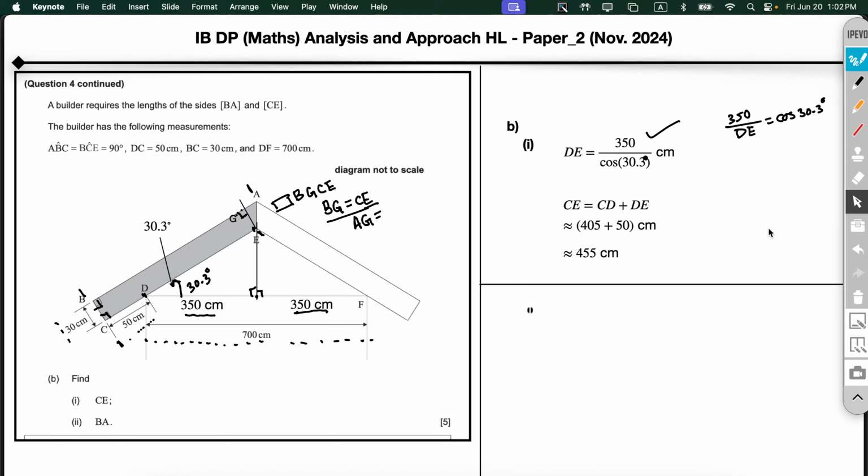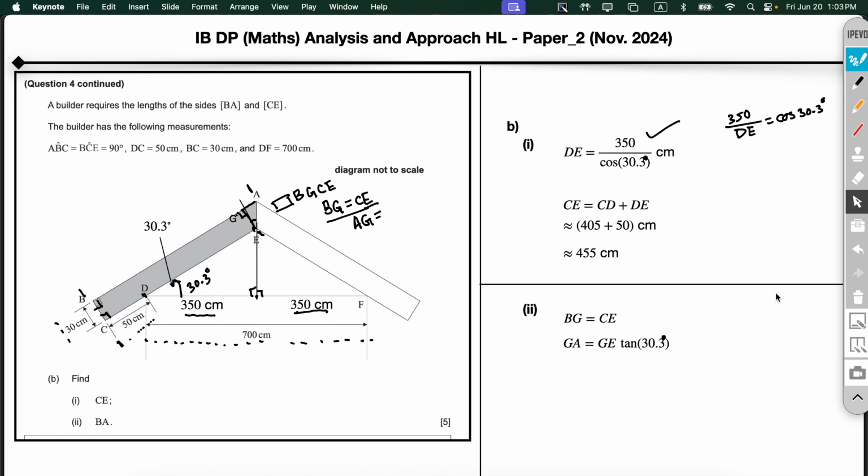In order to do that, BG equals CE as I said, and GA equals GE tan 30.3 degrees. So this angle here is 30.3 degrees. So GA divided by GE is tan 30.3 degrees.